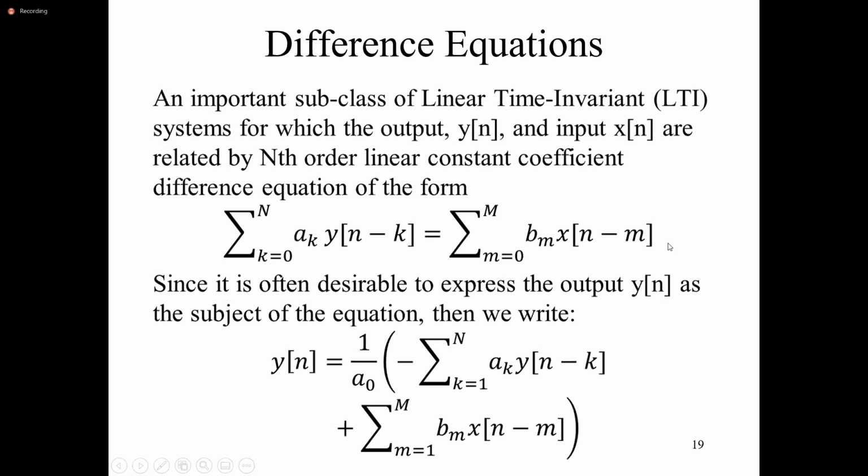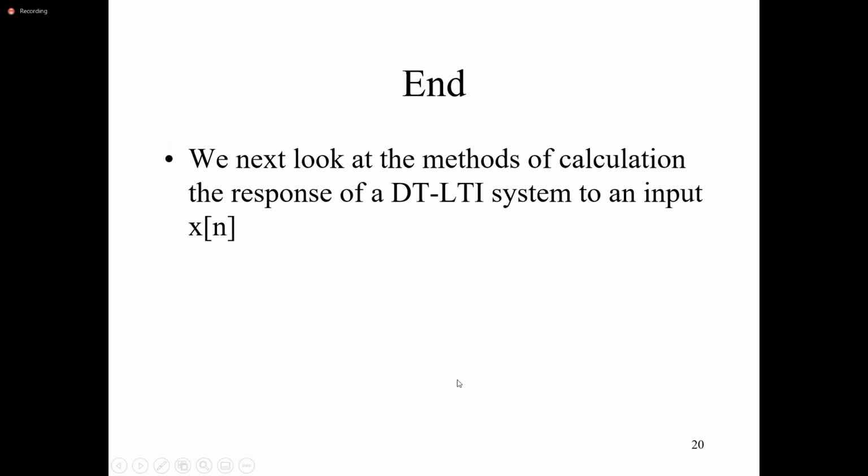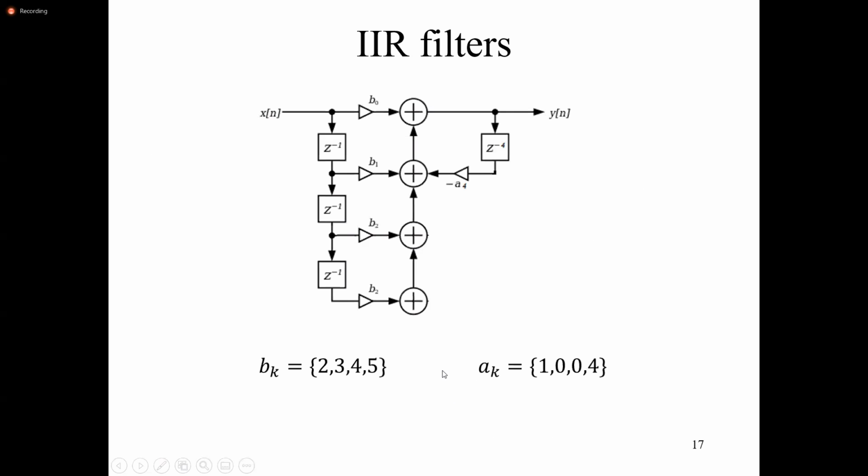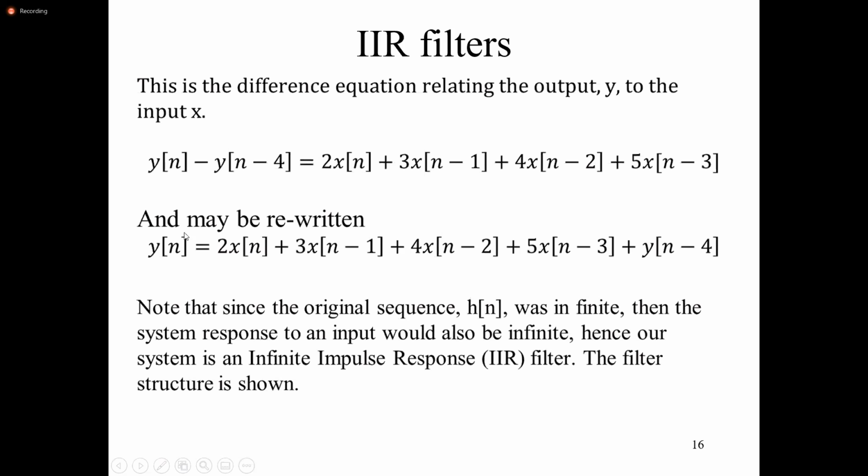And if we expand on the right-hand side, of course, we get B0 x of n plus B1 x of n minus 1 and so on. As we saw a little previously, as we would see here. So here we would see, because our B0 was 2, so we get B0 x of n plus B1 x of n minus 1, and so on.